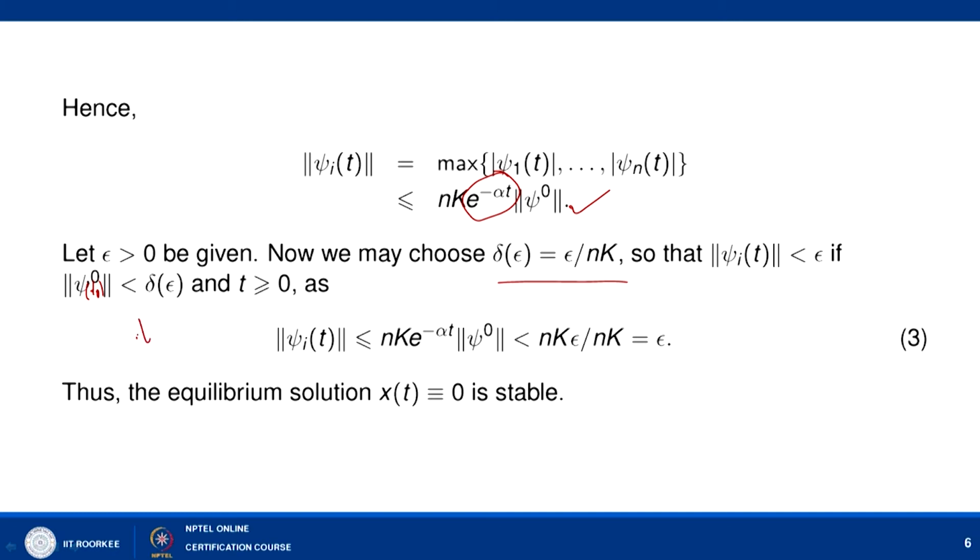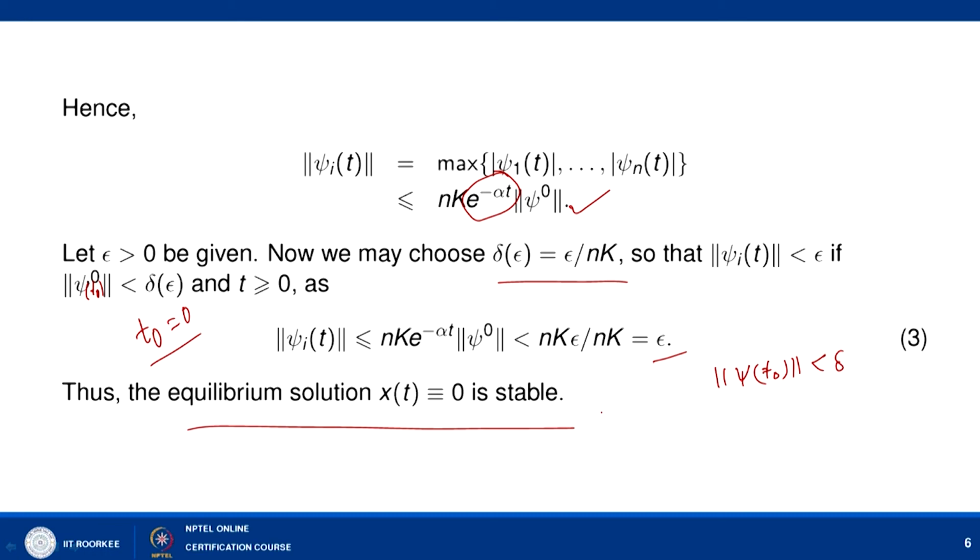Here I am choosing t naught as 0. So the norm of psi I t is less than epsilon whenever the norm of psi at t naught, here 0, is less than delta, and hence we can say that the equilibrium solution x of t equal to 0 is stable.